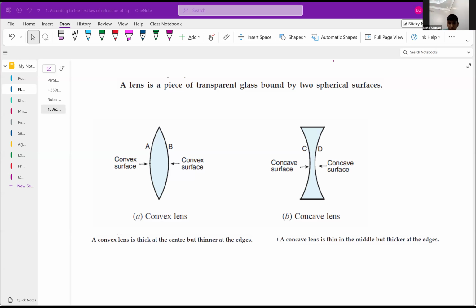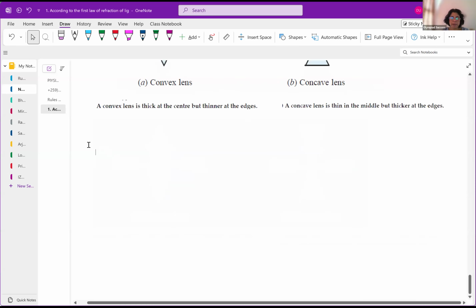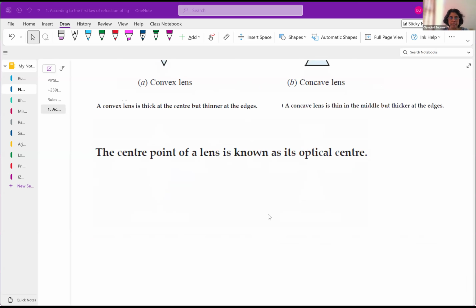Done, ma'am. Okay. The first parameter that we will study is the optical center, which is the center of the lens. The principal axis is a line passing through the optical center of the lens.